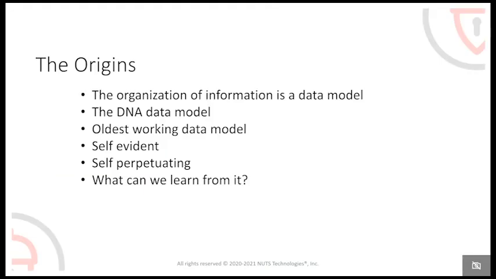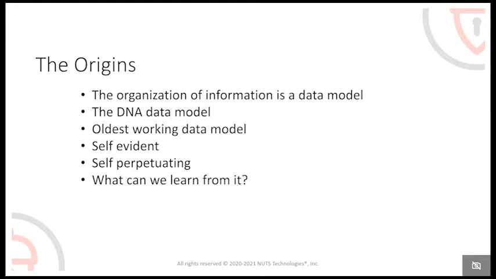The inspiration for this came from looking at data and asking, when is data really useful? Data is useful when it's organized. We looked at DNA and saw that DNA organizes data in an organic fashion. So DNA is a great data model.